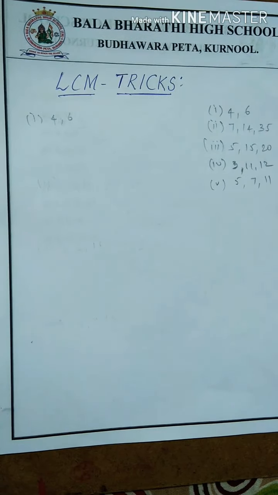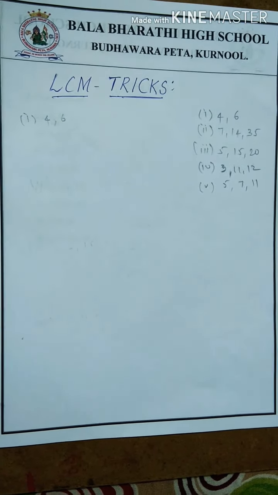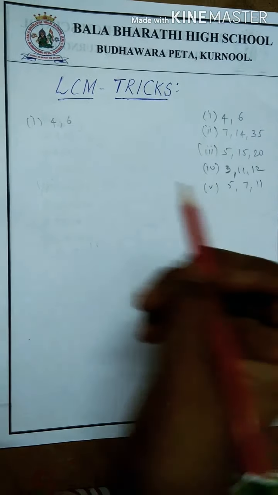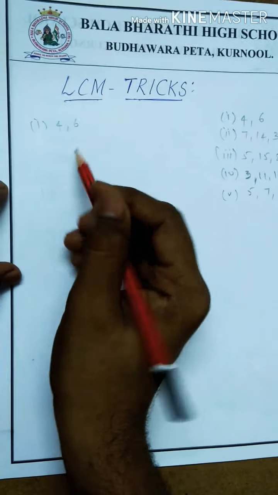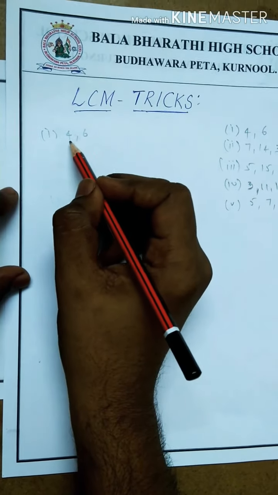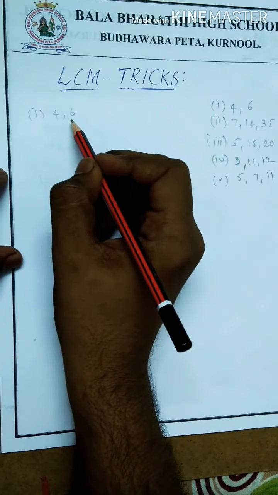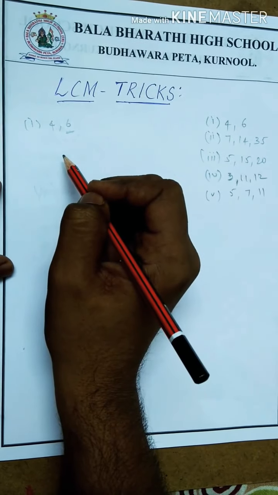Let us see some tricks for finding LCM of given numbers. Using these tricks you can save a lot of time in your examinations. First I will find LCM for 4 and 6. If you observe, here we have 4 and here we have 6. Now in these two numbers, which is the biggest number? 6, right?